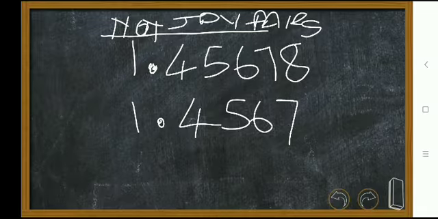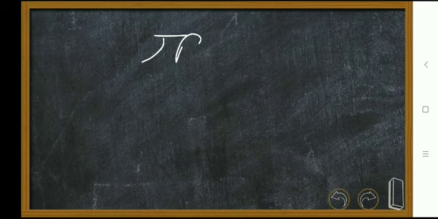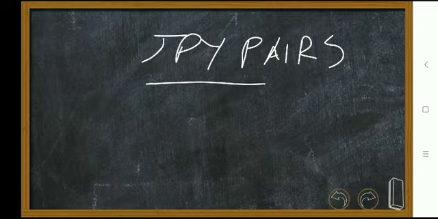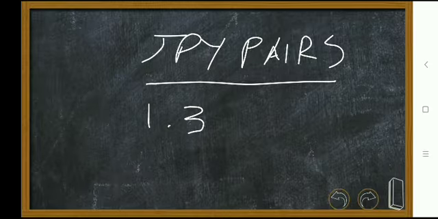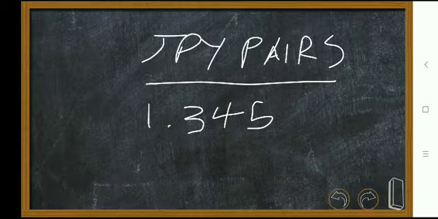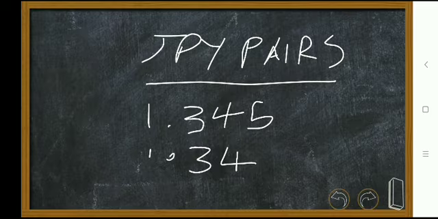Then for JPY pairs, you'll find that it's either 3 decimal places after the point, or it's only 2, depending on the broker.